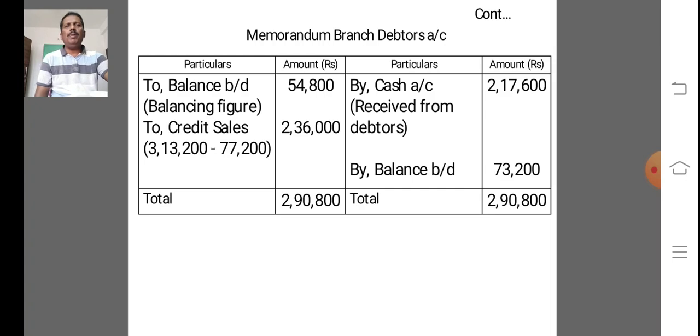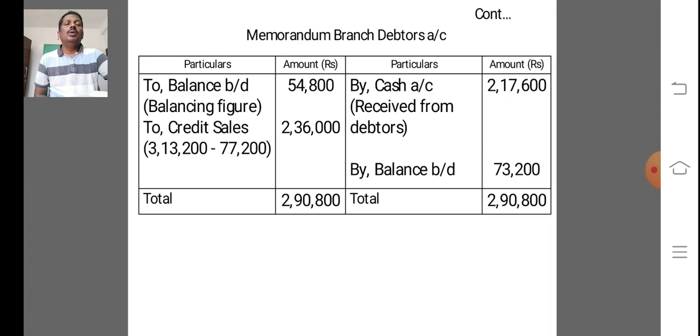And in this problem, one item is missing, that is, the opening balance of debtors is not given. For that purpose, we prepare a memorandum branch debtors account.